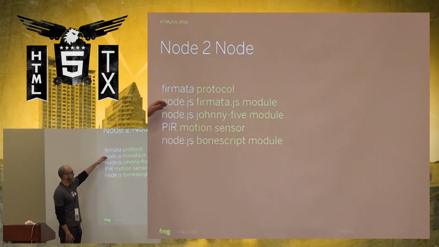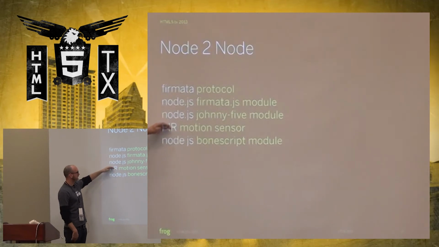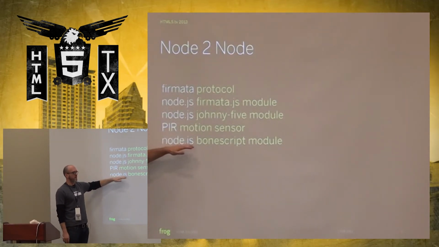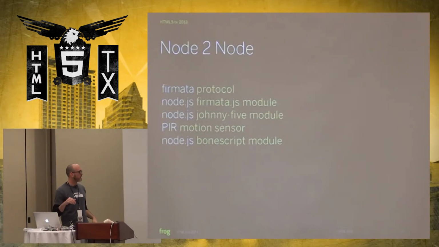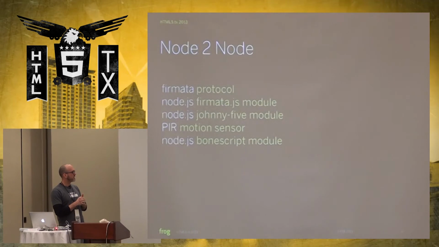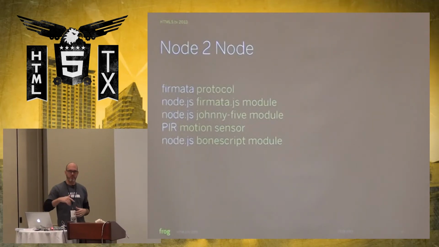There's a Firmata module running in Node, and Johnny5 running on top of that. I've added a motion sensor, and then we'll also talk about the Beaglebone, which has a Node module called BoneScript that can get access to all of the pins on the Beaglebone.